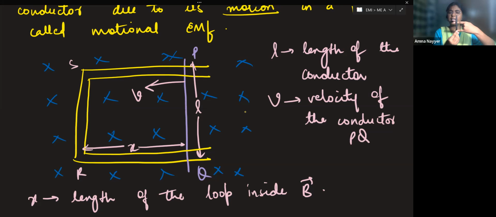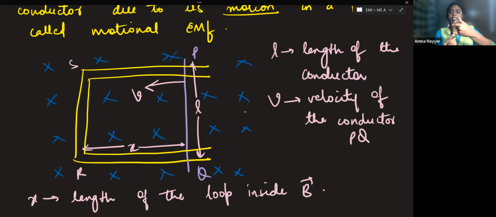This is the conductor PQ, and this is the yellow U-shaped support I have shown. I'm able to slide it, and the length of this conductor is L, moving with velocity V. Got it?